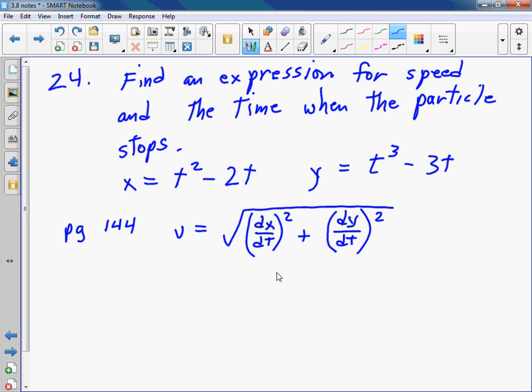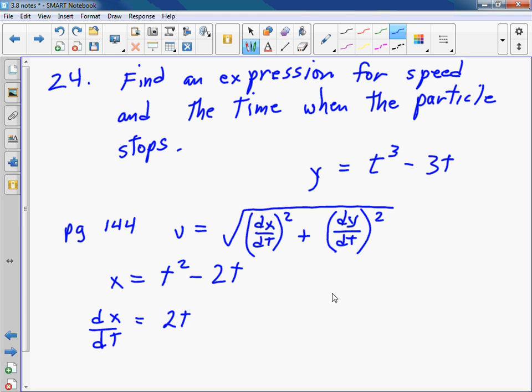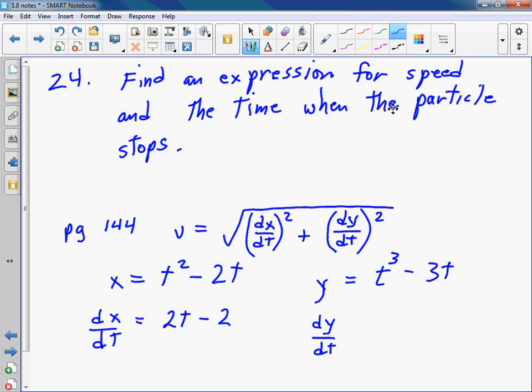So if I have x equals t squared minus 2t, then the derivative of x with respect to t equals, well, I use a power rule there, 2t minus 2. And the derivative here is dy dt equals 3t squared minus 3.